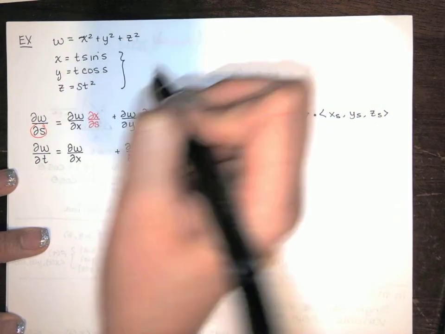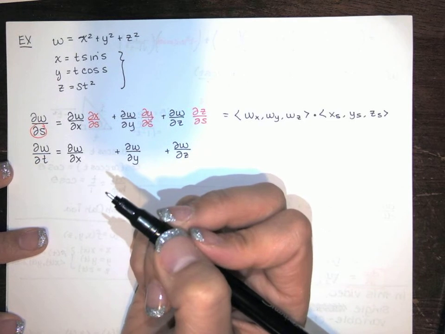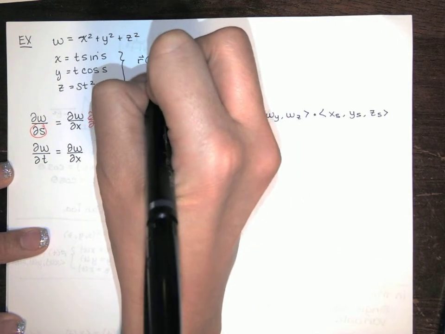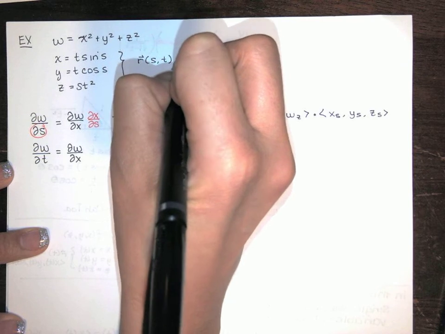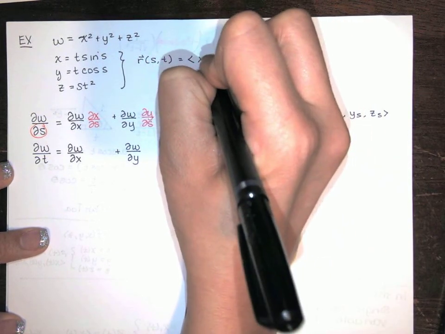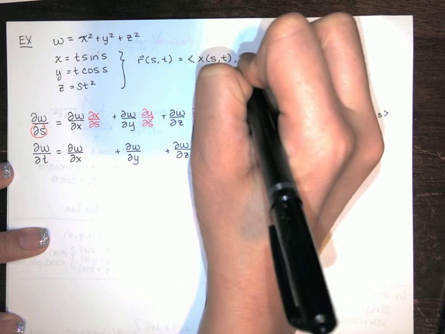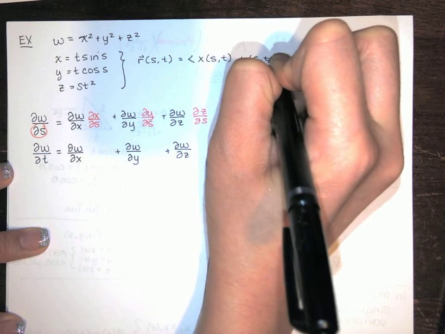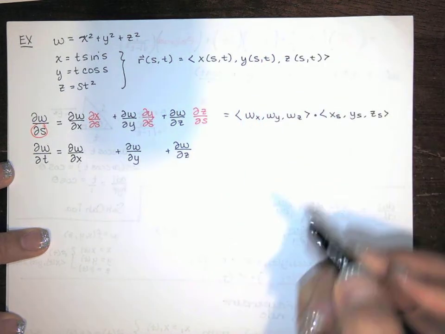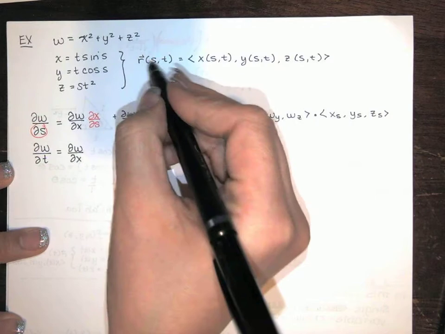If I think of these three equations as parametric equations of some vector valued function r of s and t, this is the partial of r with respect to s.